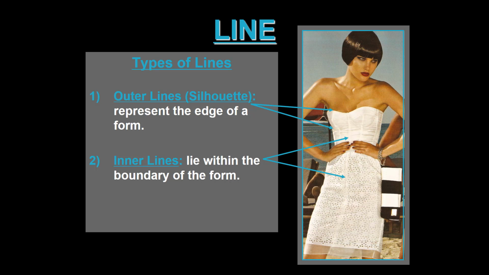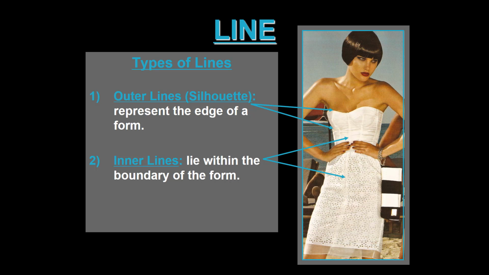So you can see here on this bodice, the structure along that top sweetheart neckline where the garment touches the skin, that is the outer boundary. That's considered an outer line of the garment. And then going down the side seam along that same top portion of the garment, we would consider this an outer line. It helps form that silhouette, that form-fitting silhouette.